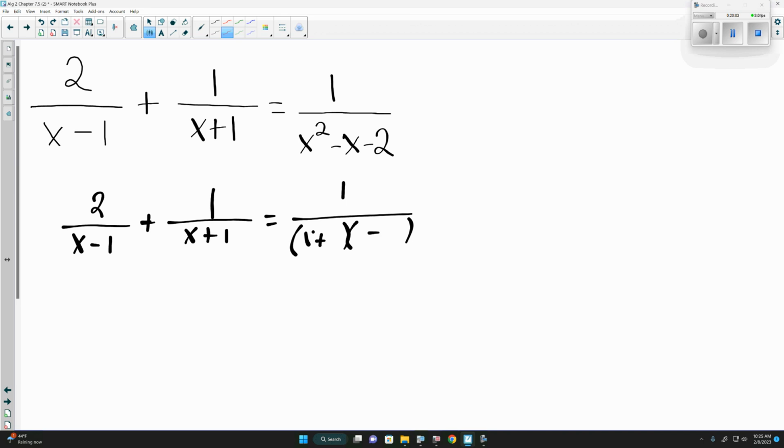Factors of x squared are x and x. And the factors of 2 we want are 1 and 2. Which one's going to be positive? Which one's going to be negative? 2 is negative. Because to get the middle term of negative x, we need it to be x plus 1 times x minus 2.